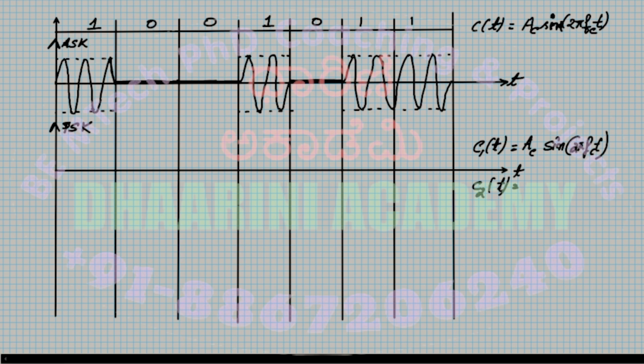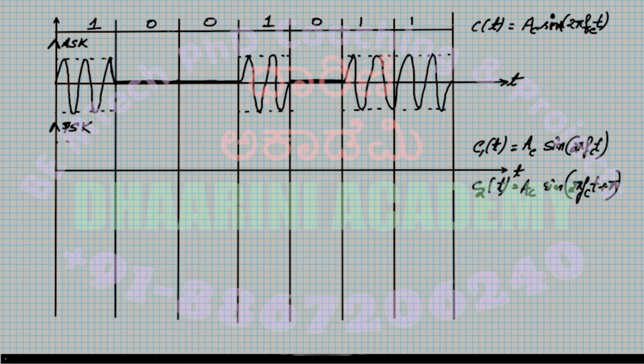One becomes 0, the other becomes 180. A_C sine of 2 pi f_c t plus pi, because you had 0, you added pi, you reached 180 degrees. Once again you add pi, you come back to 0. Only those two phases will be generated because I need two phases.